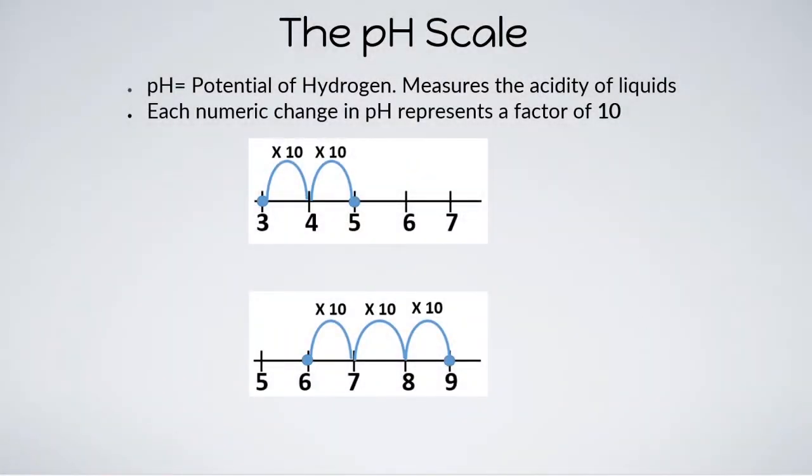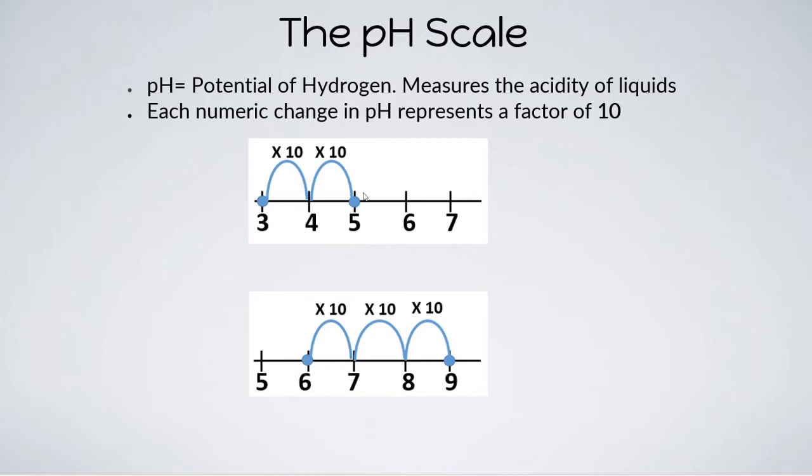The way we measure if it's an acid or base is through the pH scale. pH means potential of hydrogen, and it measures the acidity of liquids. Each numeric change in pH represents a factor of 10.